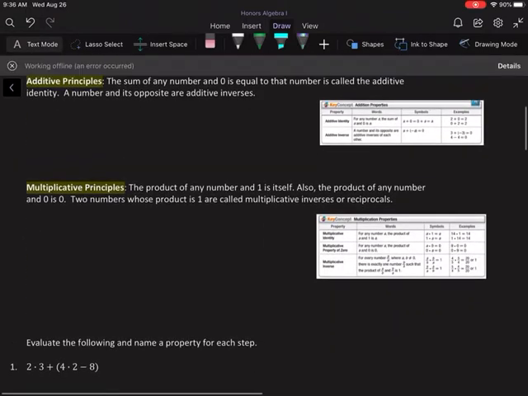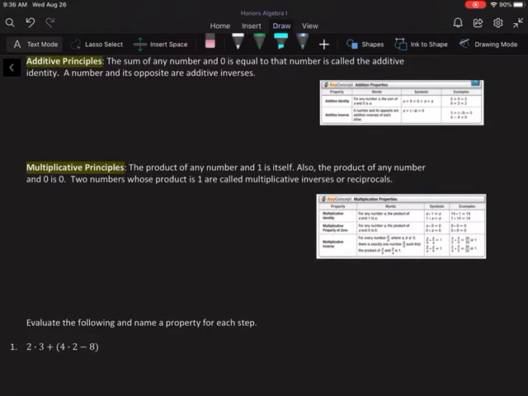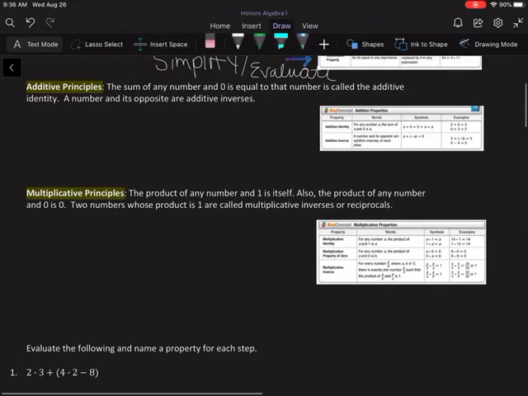Okay, so if we go to multiplicative inverses or principles, we see that we have the identity. So when we multiply by 1, we get the same answer. The multiplicative property of 0, we know any multiplication number by 0 or multiplying by 0 will give us 0. The multiplicative inverse is when I will get 1.